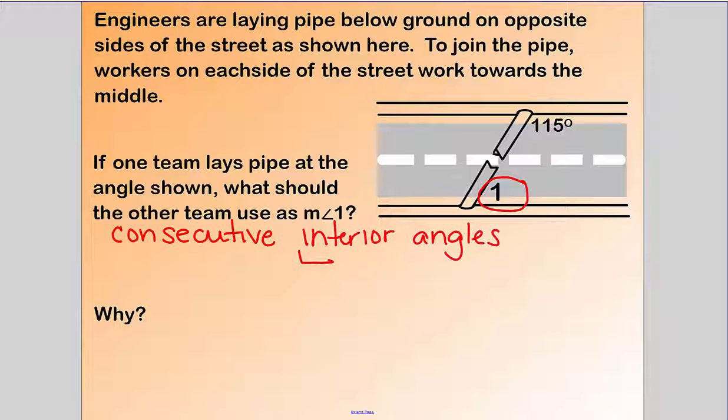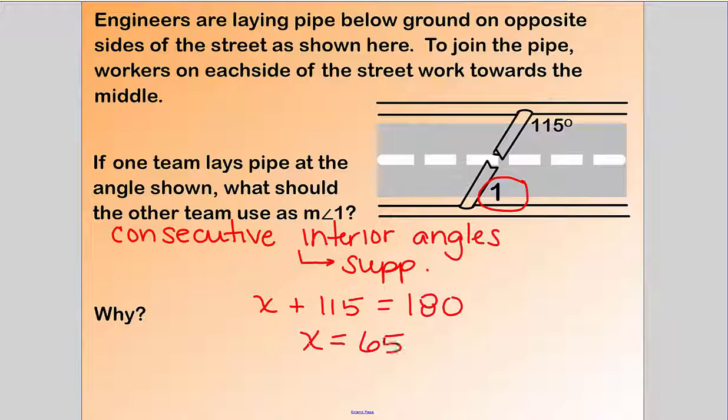Those should be supplementary. So I'm going to say that x plus 115 is equal to 180. So x should be 65. Your y is also 115 because they need to be consecutive interior angles.